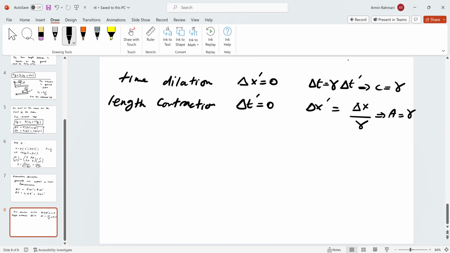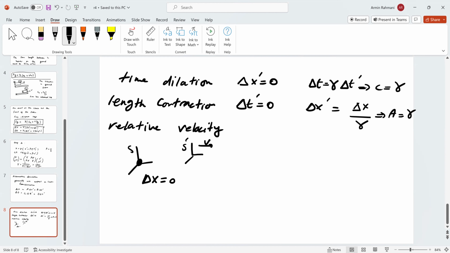Okay. Now I can consider the relative velocity of the two frames here. So let's draw a figure just to see what we're doing here. So imagine this is the frame S, this is S prime. In S, we see S prime moving this way. Then imagine two events happening at the same position in S, so they have delta x equal to 0.